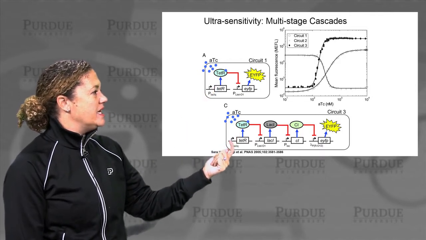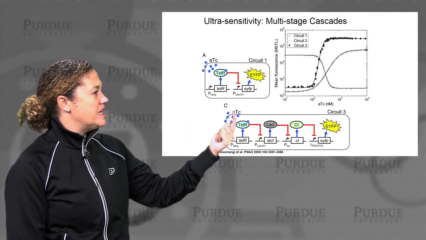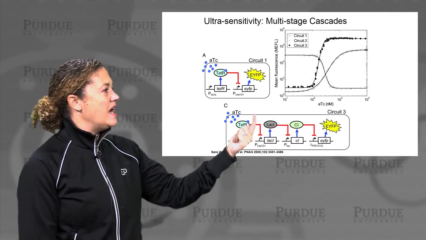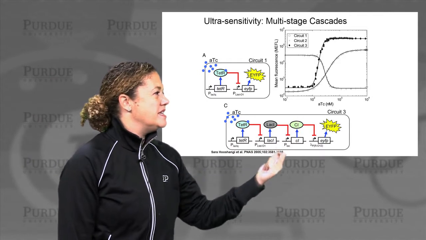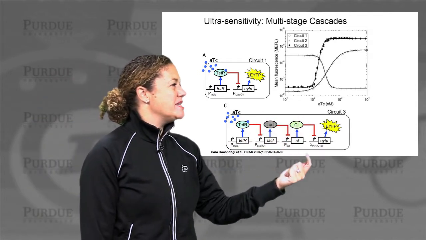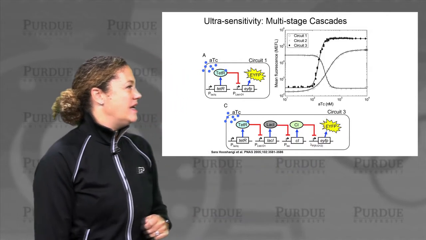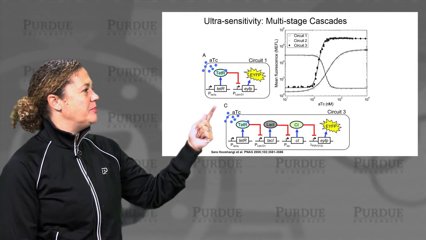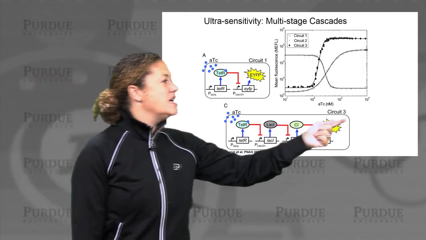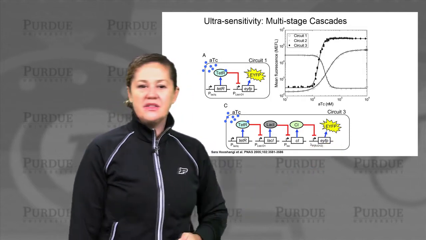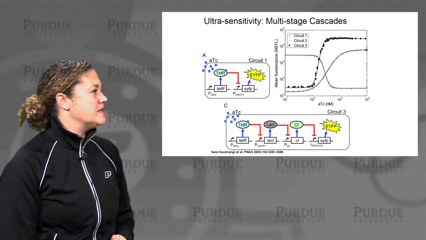So here we've got the expression of our TET-R, which represses the production of our LAC-I, which represses the expression of our CI, ultimately to repress the EYFP. So now we've got this circuit, again, of signal input, our ATC, and our response molecule, this EYFP, our fluorescent protein.